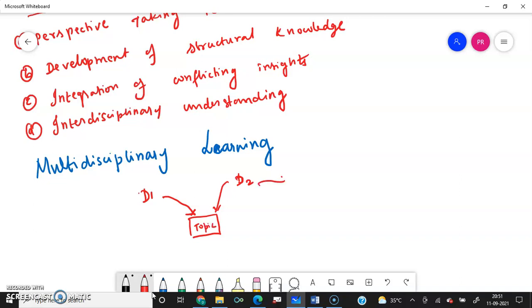This gives the detailed understanding of the topic. Okay, these disciplines, however, make separate contributions.